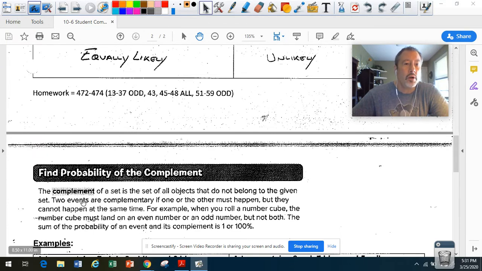Two events are complementary if one or the other must happen, but they cannot happen at the same time. For example, when you roll a number cube, the number cube must land on an even number or an odd number, but not on both. The sum of the probability of an event and its complement is 1. Okay, now 1 is going to represent our 100%.